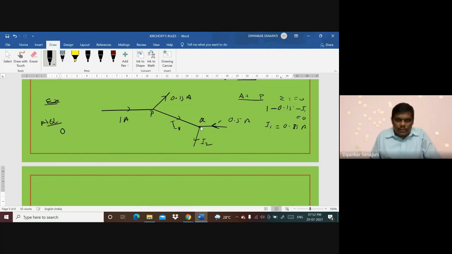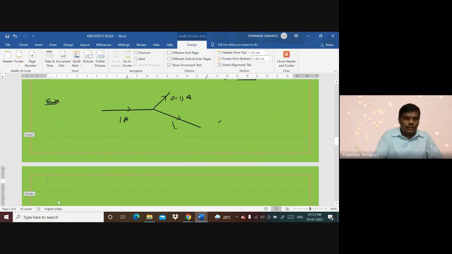This 0.85 is incoming current, so this is positive, plus 0.5 is also incoming current, this is positive, again minus I2, this is negative, is equal to 0, and therefore I2 will be equal to 1.35 ampere. This is how we can apply Kirchhoff's first law.